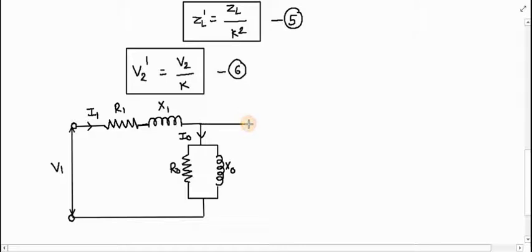So just after this shunt circuit, I will draw the resistance R2, leakage reactance X2, and simply I will connect the load here.